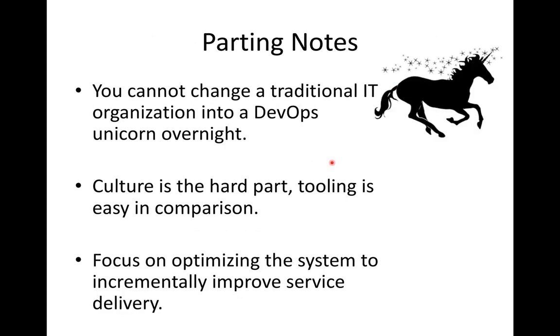So, wrapping up the lecture this week, I just have a few parting notes. First, you can't change a traditional organization into a DevOps organization overnight. Sometimes we call these DevOps organizations unicorns because they tend to be fairly rare.